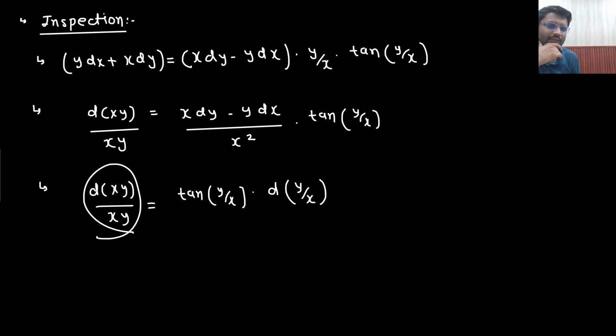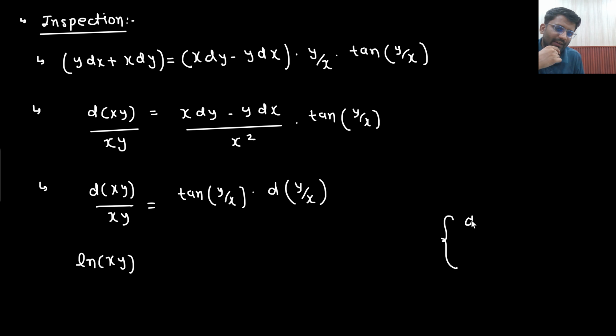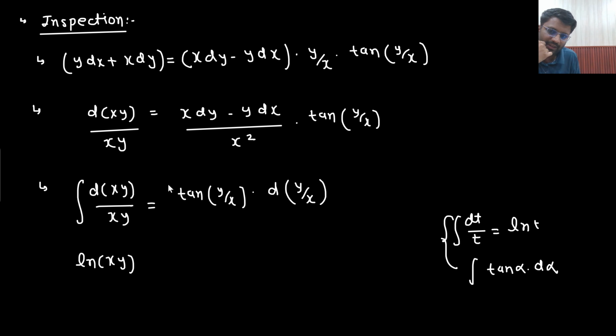What will this give you? This will give you ln xy, right? Simply I have told you one thing, d of t divided with t, integration is nothing but ln t, and tan of alpha, integration with alpha. Here I am integrating both of the sides. This is nothing but, alpha is y by x, tan of alpha dot d of alpha.